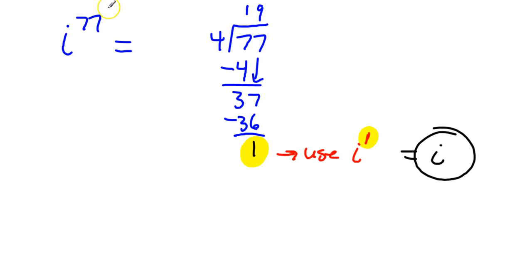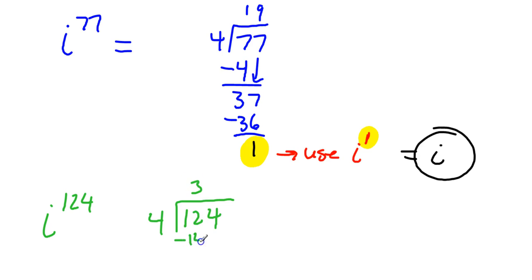All right, let's give you another one. Let's say it's i to the 124. So it's 4 divided into 124. 4 goes into 12 3 times. Nothing left over there. 4 goes into 4 1 time.